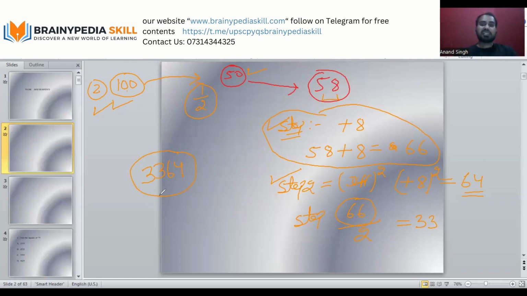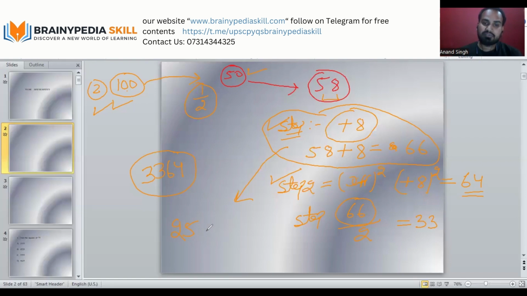Now I will tell you the easiest way of doing the same question, right? If you are not comfortable in doing the half of the given number, do this thing. Whatever the difference, how much is the difference between the numbers? It is 8, right? Just do one thing, add or subtract on 25. Easy as that, right? Whatever is the difference, when the number is lesser than 50, in that case you have to subtract it. In this case the number is greater than 50, so with 8, we have to add.